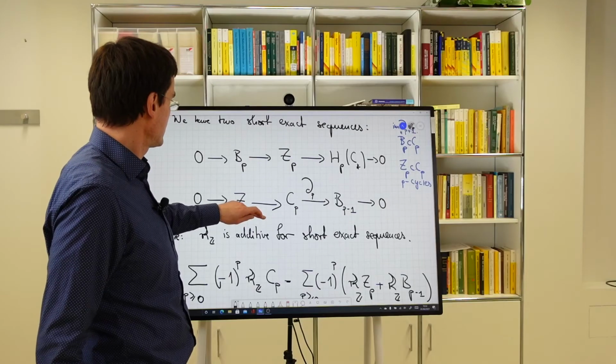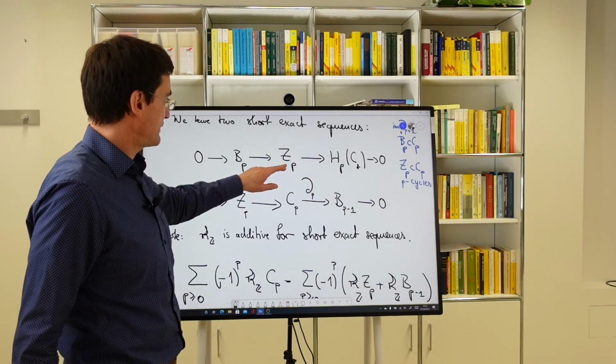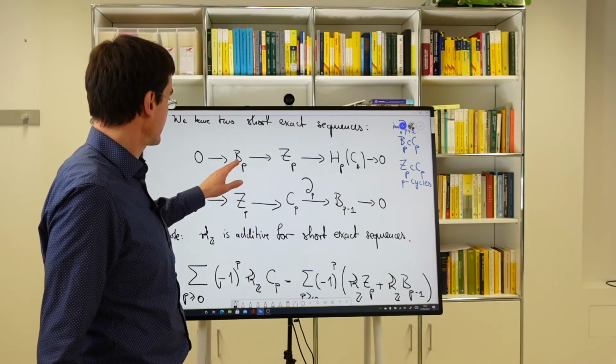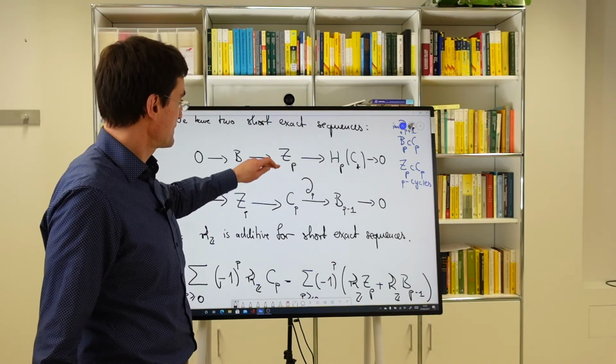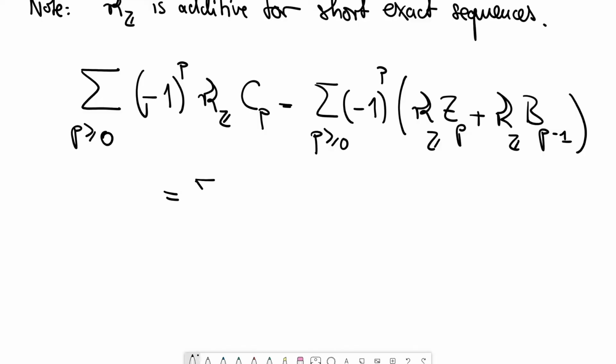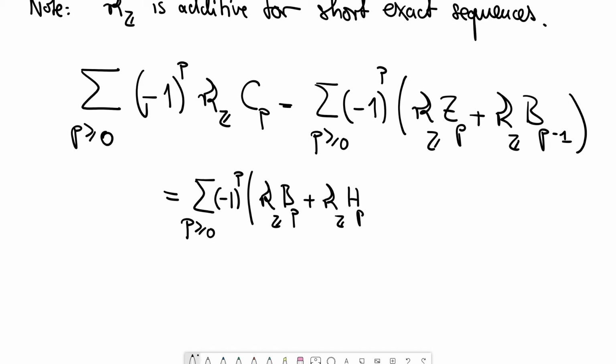Let's have a look again, where we can express the rank of the P cycles as the sum of the ranks of the P boundaries and the homology. So here I have the rank of BP plus the rank of HP C star plus the rank of BP minus 1.